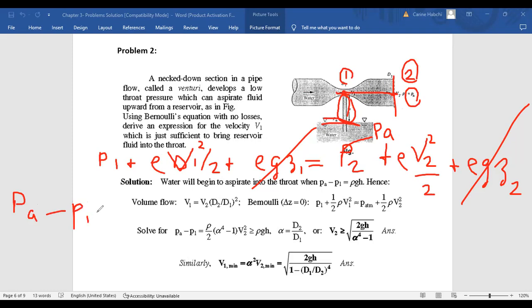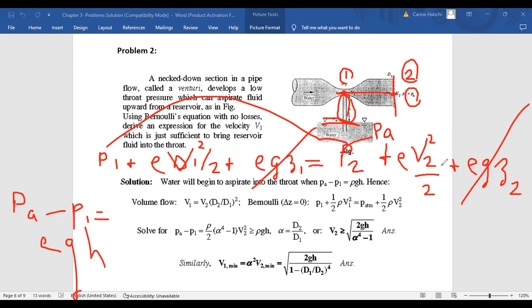So since it's the same term here, because we also have P1 and PA here, by taking P1 to the other side, we can say that PA minus P1 can be replaced by rho gh, okay?